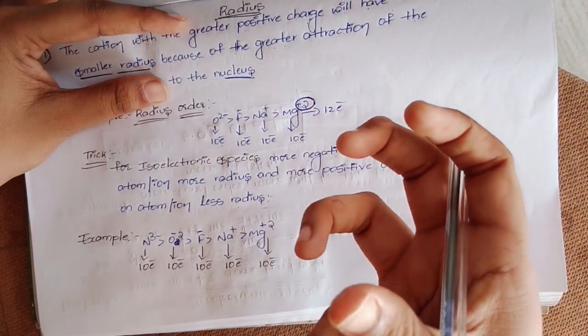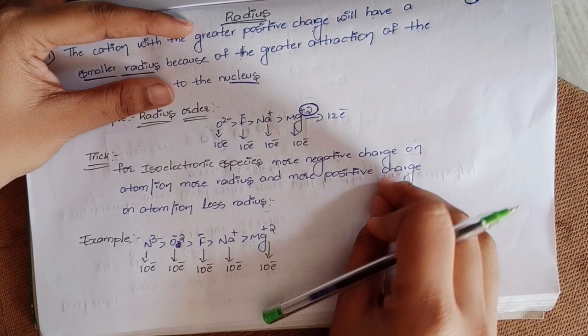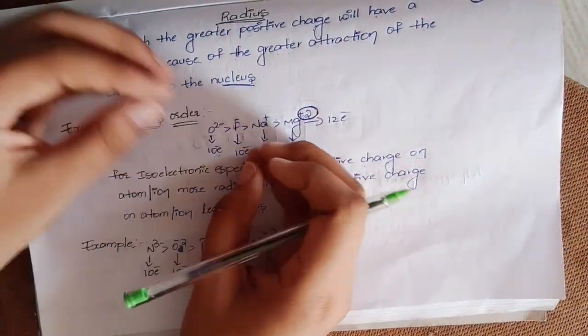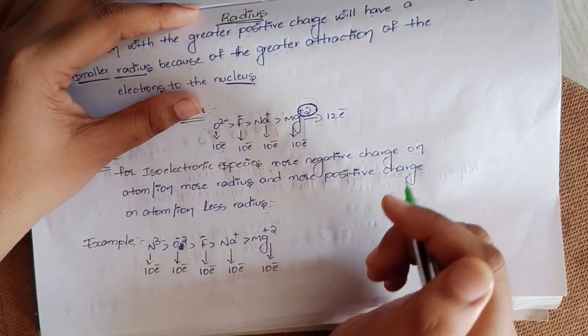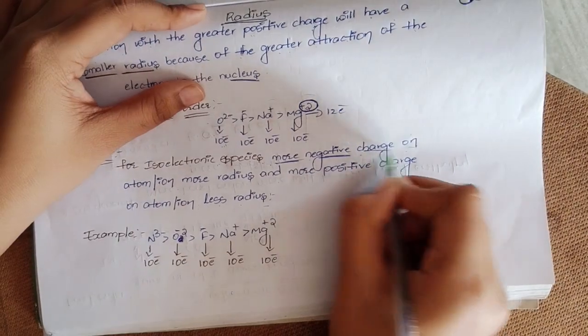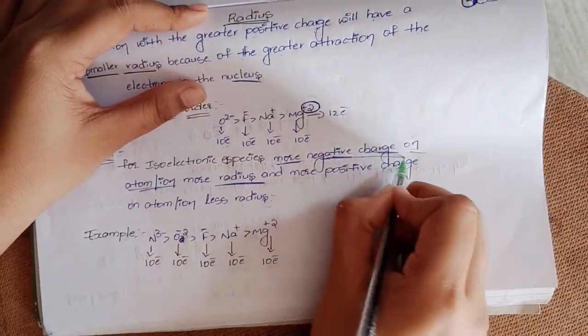More negative charge means electrons are added to the outermost shell, and attraction decreases. If attraction decreases, atomic radius increases. So remember the trick: more negative charge on atom or ion, more radius.